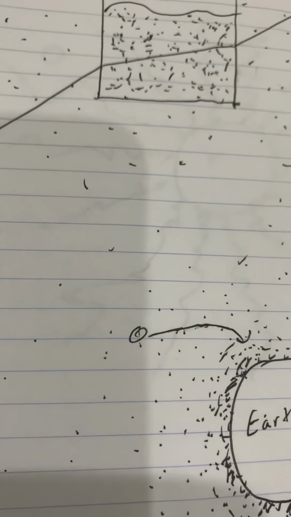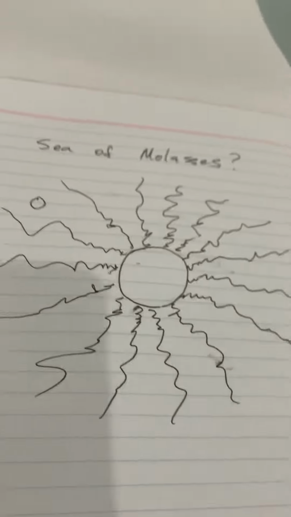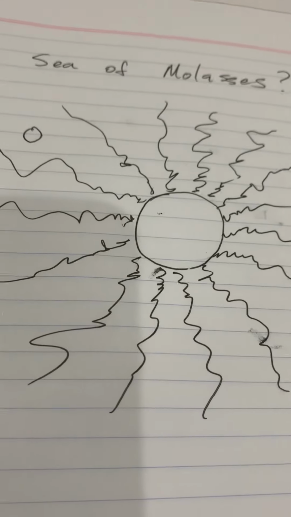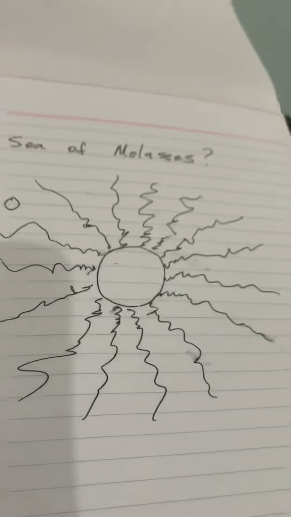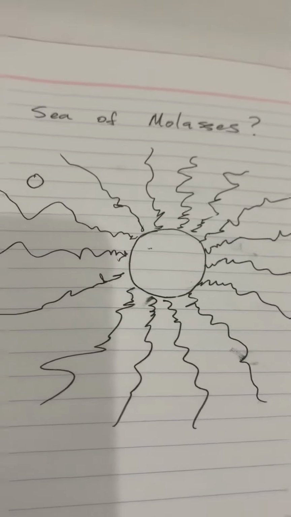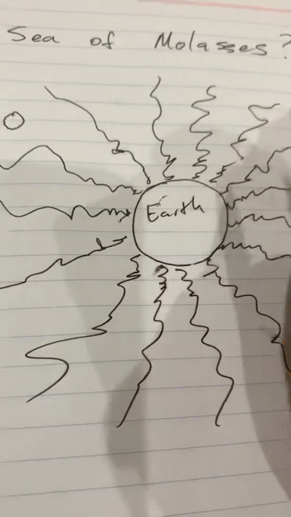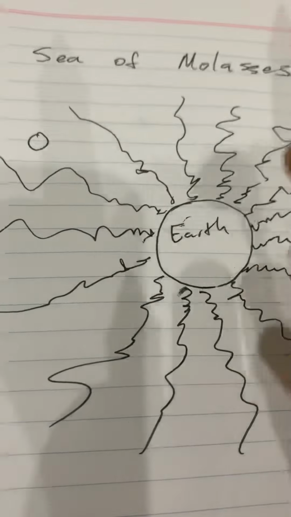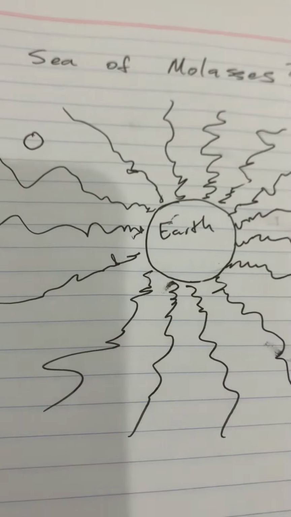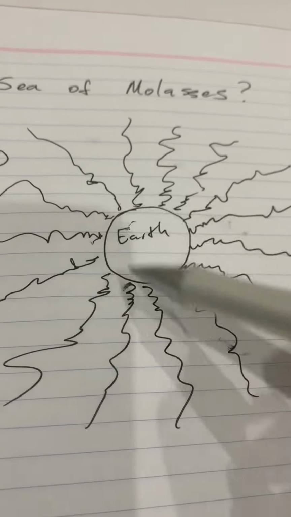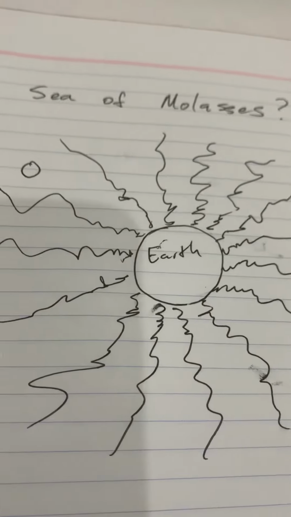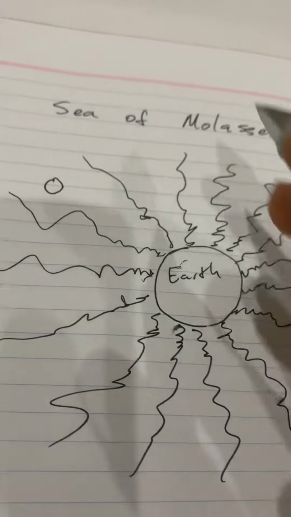So that's the good analogy. The bad analogy, just another way of looking at it, is the molasses analogy. For example, this is the Earth, and imagine there's molasses around the Earth, and the molasses is more dense towards the Earth, and it thins out away from the Earth.